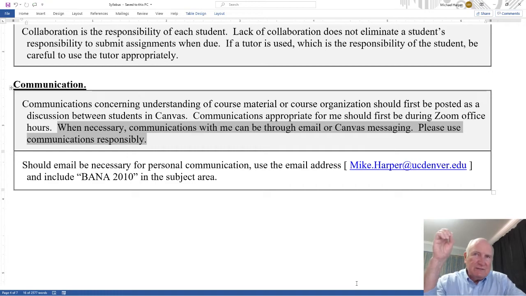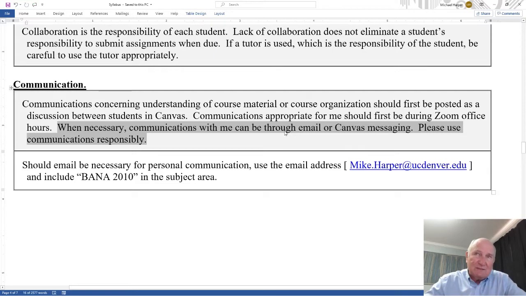When you start putting things in Canvas messaging, when you start putting things in email, I get a lot of emails. I get a lot of messaging from all my courses. And sometimes if you don't say what course you're in or I don't get the context, I may not answer it to your satisfaction. If we can talk about it, that's so much better. So be careful. That's what I mean by use communications responsibly, because Canvas messaging will be used if necessary.